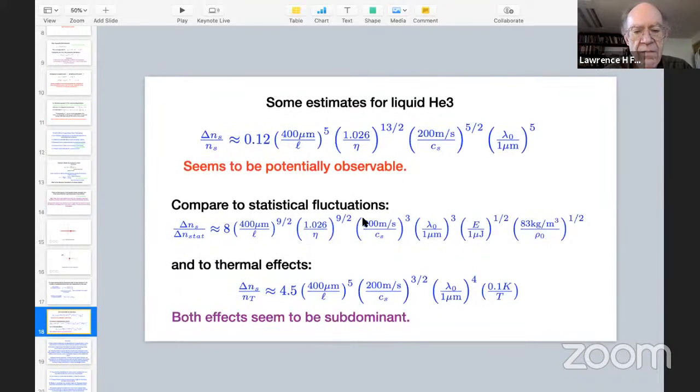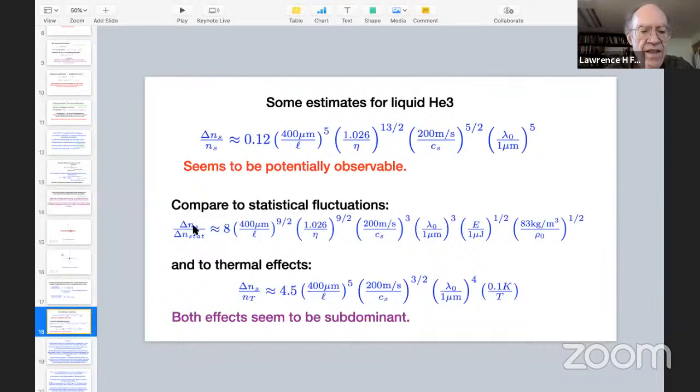Now, of course, you want to compare this with a couple of other effects. One is statistical fluctuations. Just due to the fact that NS is a finite number, there will be statistical fluctuations. But if you make NS large enough, you can suppress those.